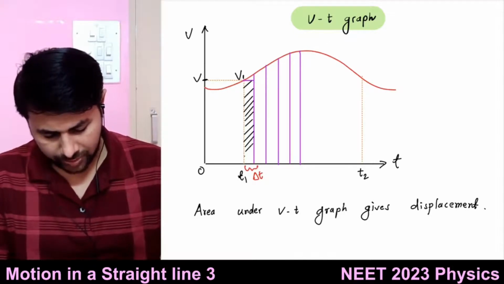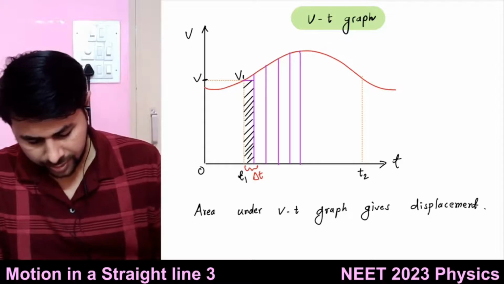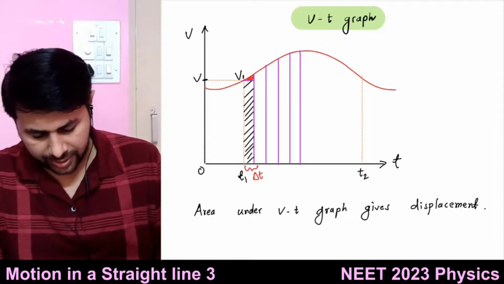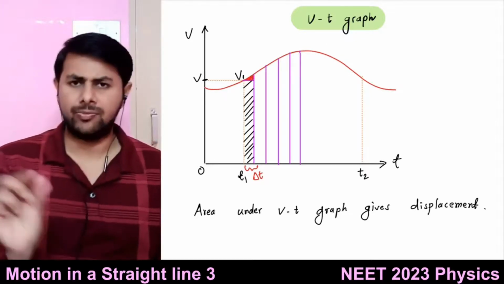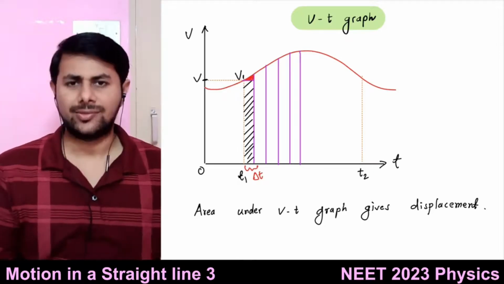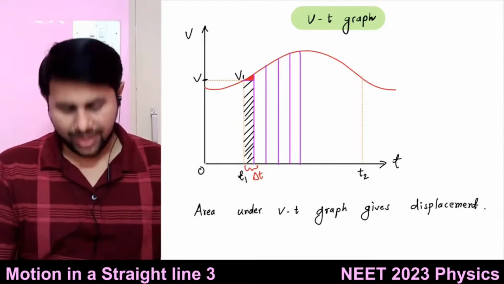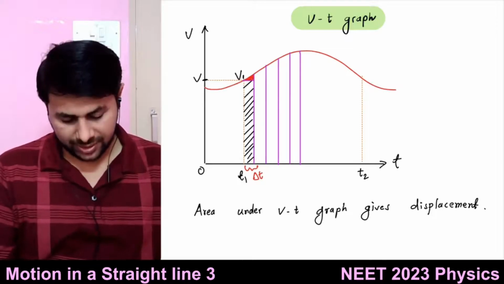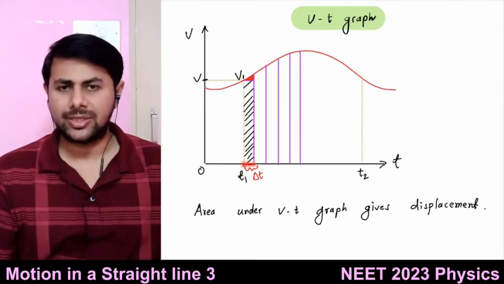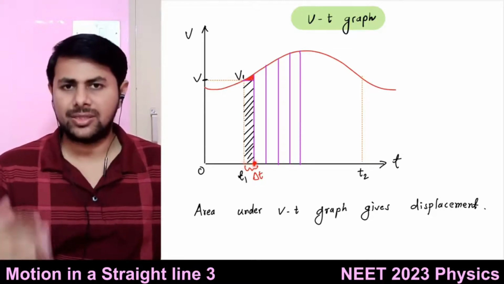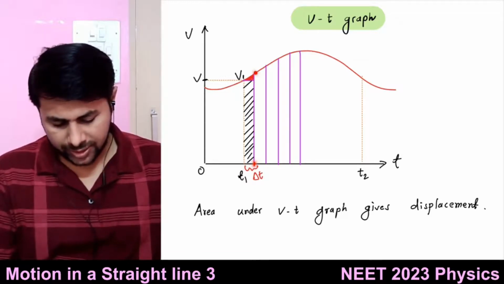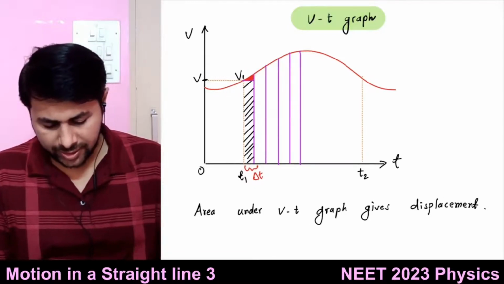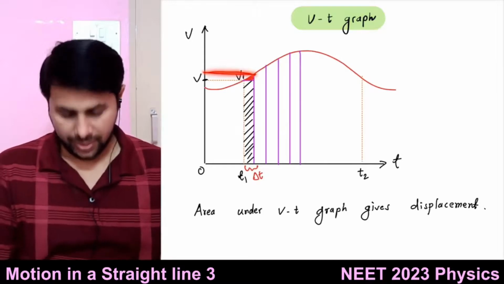Okay, so how much is the error here? This much is the error. The area of this small triangle is the error. Similarly, this time will be t1 plus delta t, right? This is t1 and this much interval is delta t. So this time is t1 plus delta t. So velocity at this time is this much, okay?